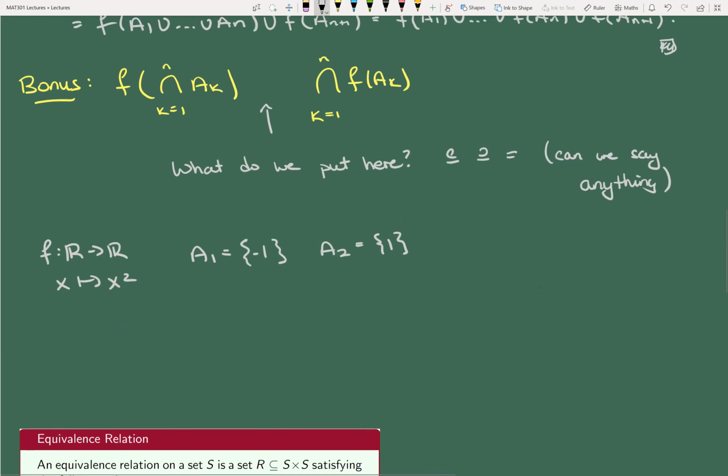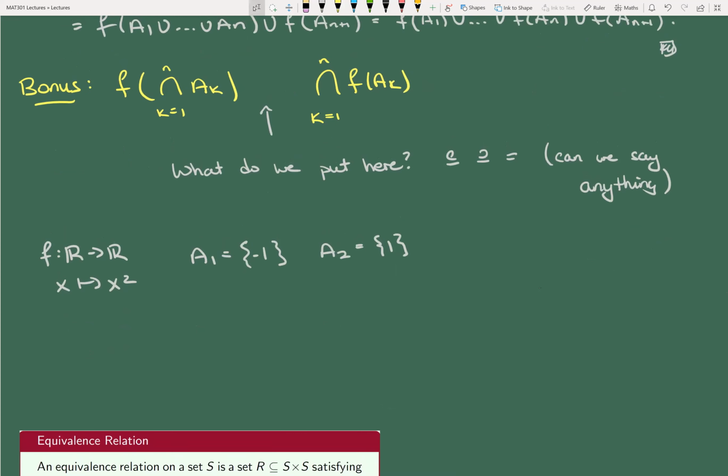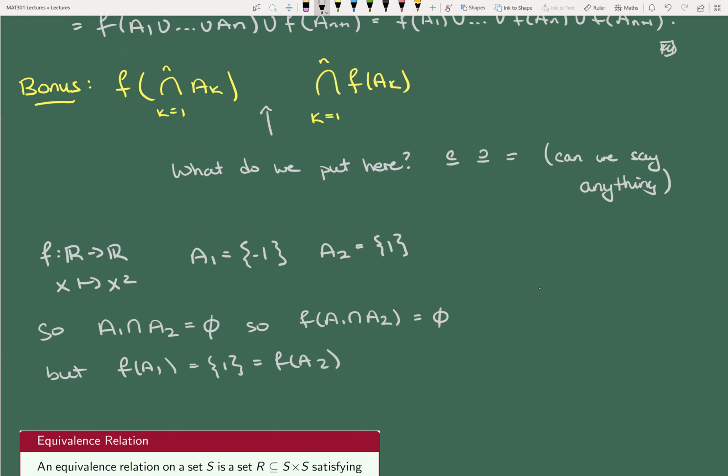So this is going to be a counterexample to equals, right? Because we get A1 intersect A2 is the empty set. So f of A1 intersect A2 is also the empty set, but f of A1 is equal to 1, which is equal to f of A2.